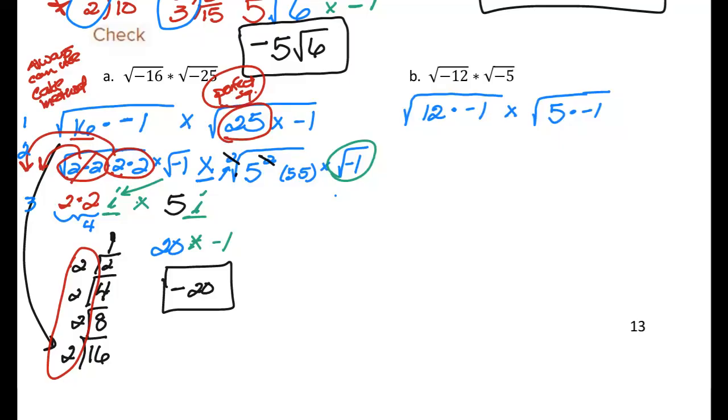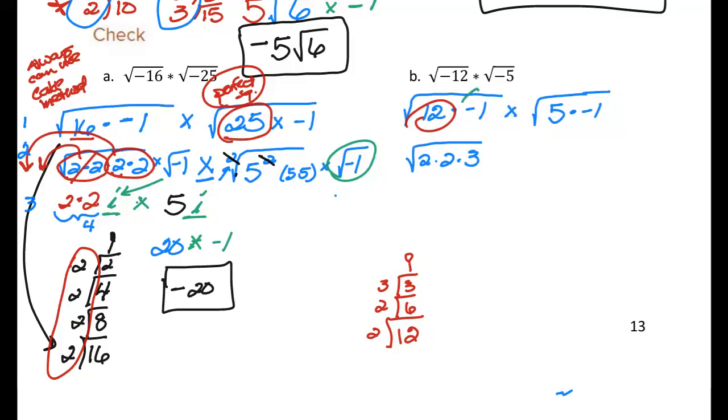All right, 12 is not a perfect square, so we think cake method because we need to break this down. 12 is even. Divide it by 2, you get 6. Divide it by 2, you get 3. Divide it by 3, 3 is still a prime number, and I get 1. So I can rewrite the square root of 12 as 2 times 2 times 3.